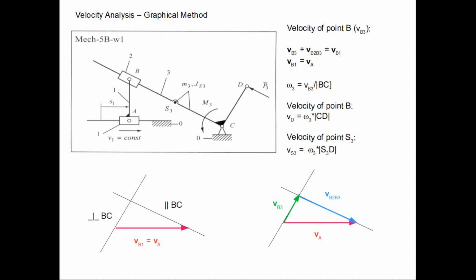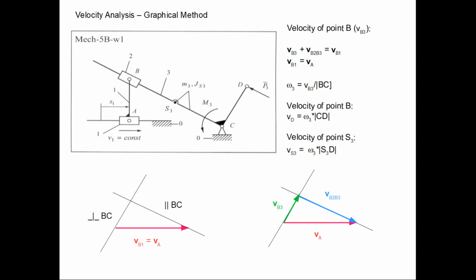They are fixed together, so if the rod three rotates, also the point D rotates with the same angular velocity. So there is one angular velocity for point B and point D. So we can compute this angular velocity. It is VB3 divided by BC, where BC is the distance between point B and C.